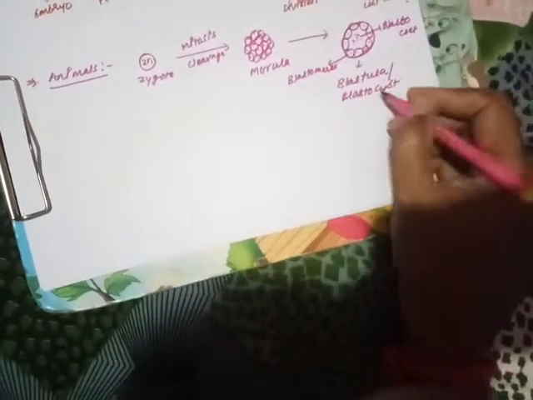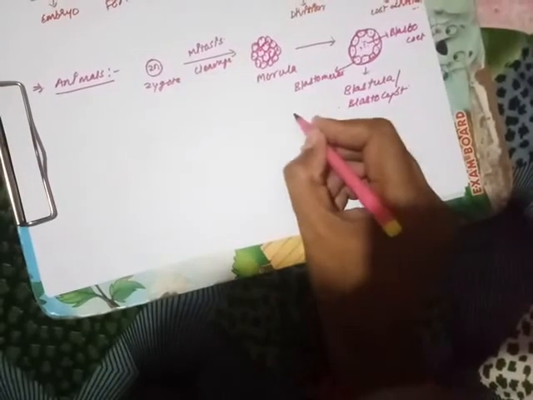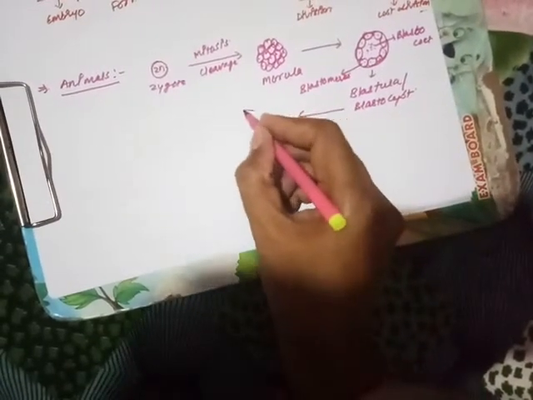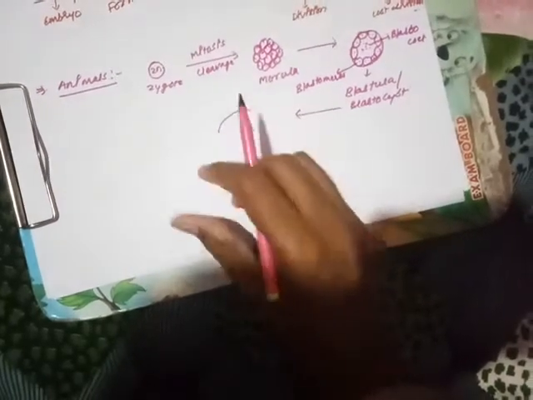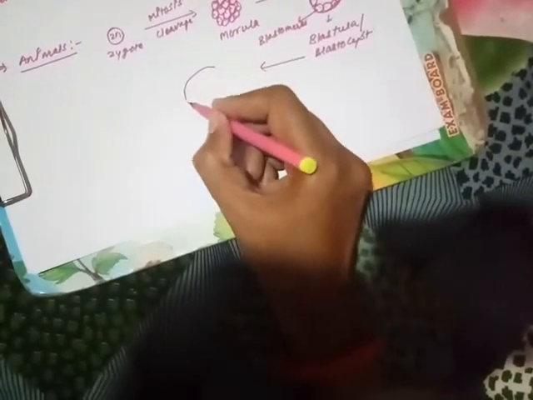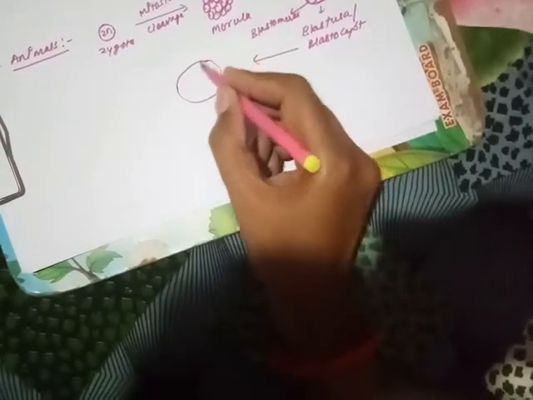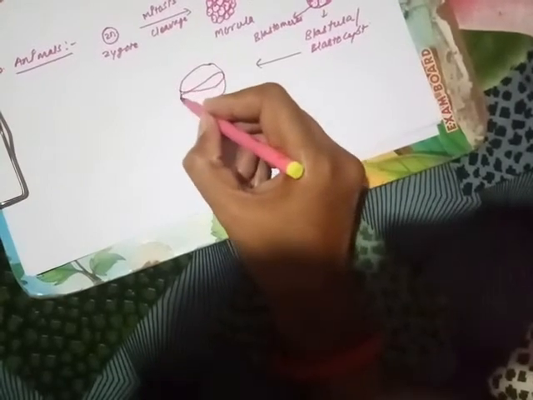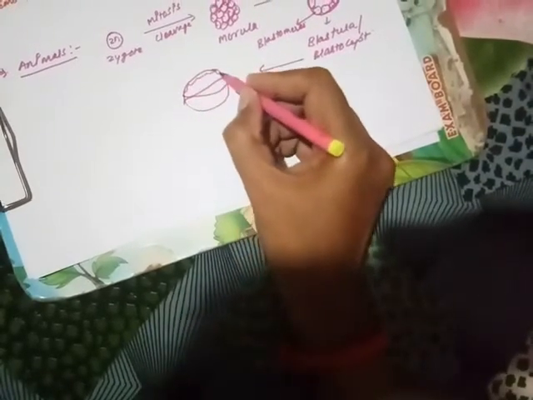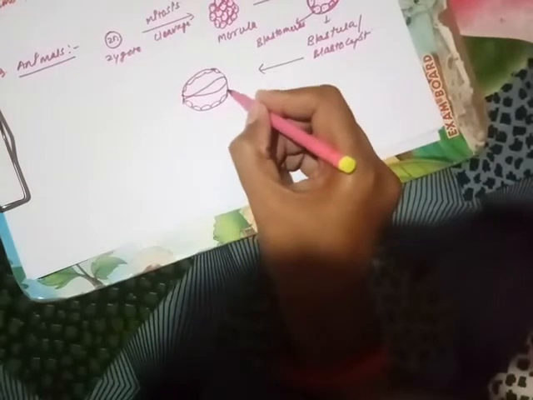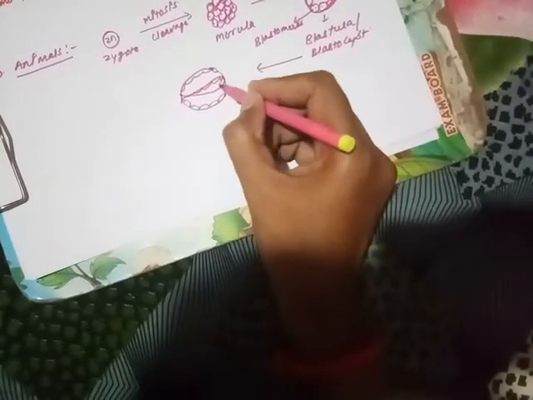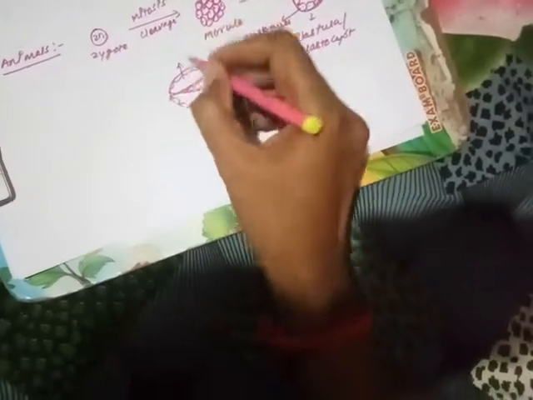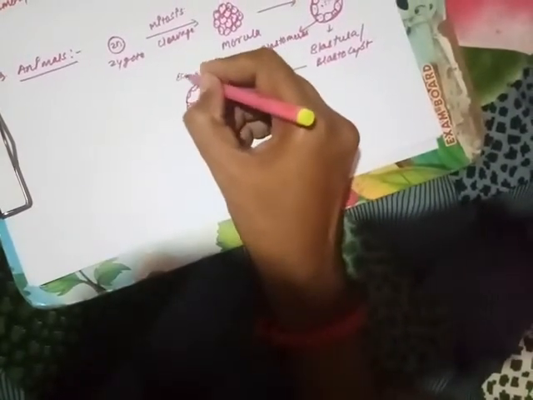Later on the process of differentiation begins, and this embryo develops three different layers inside: the outer one, the inner one, and the middle one. The outer one is called ectoderm.